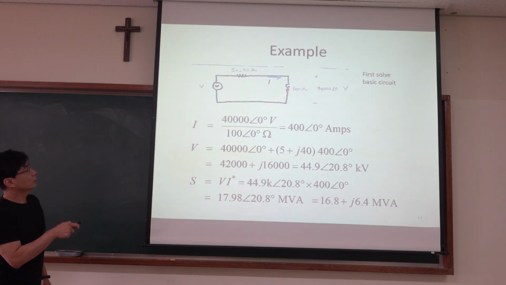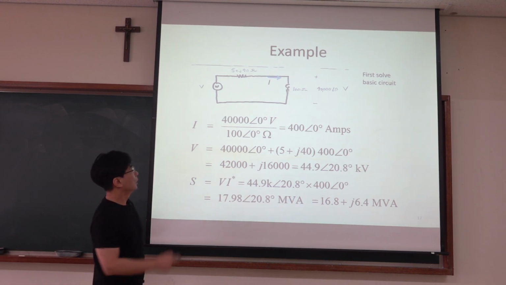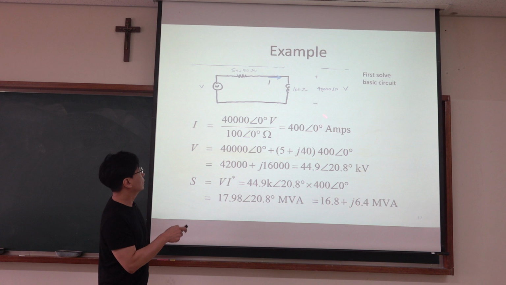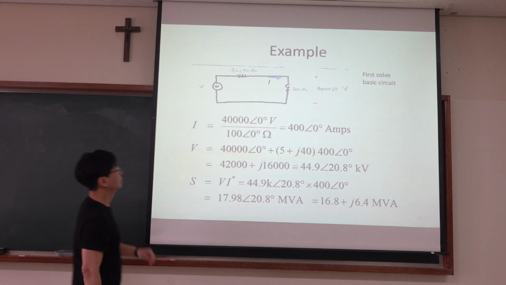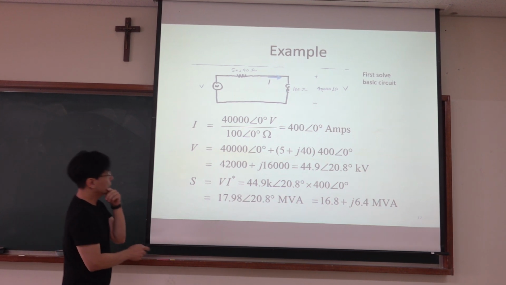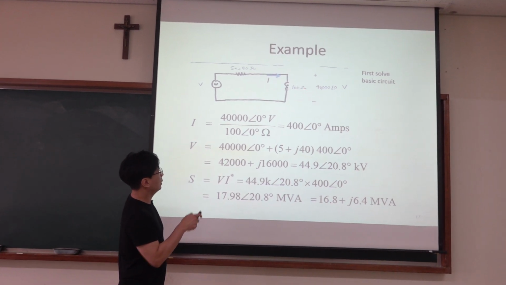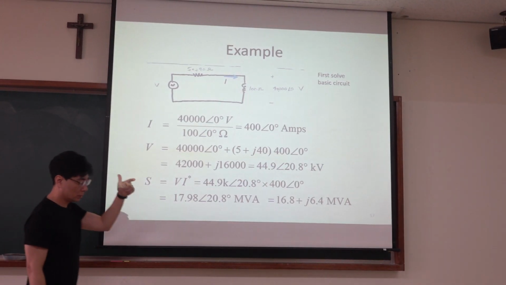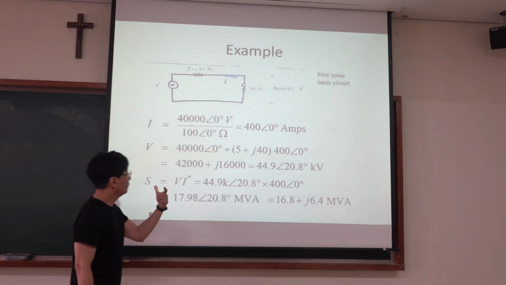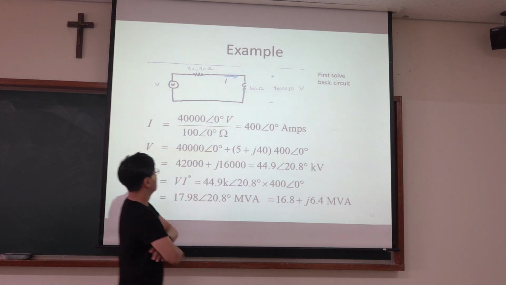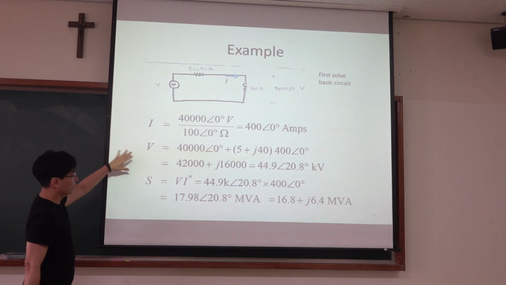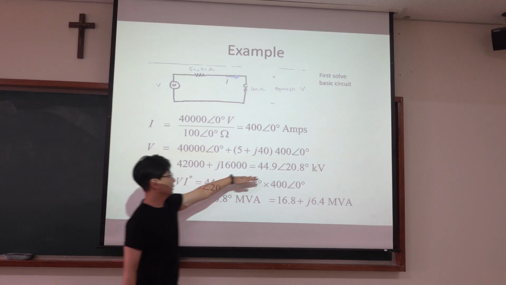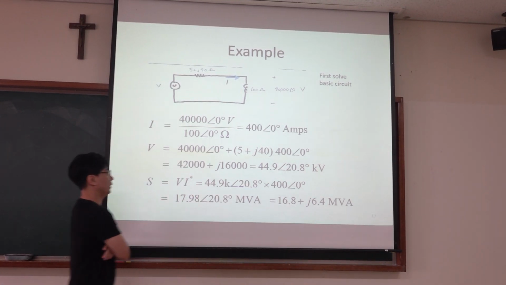This is a simple circuit. We compute the current, and we know the voltage drop, so we can compute the voltage drop across the line impedance. So we computed the source voltage, represented using phasor notation.